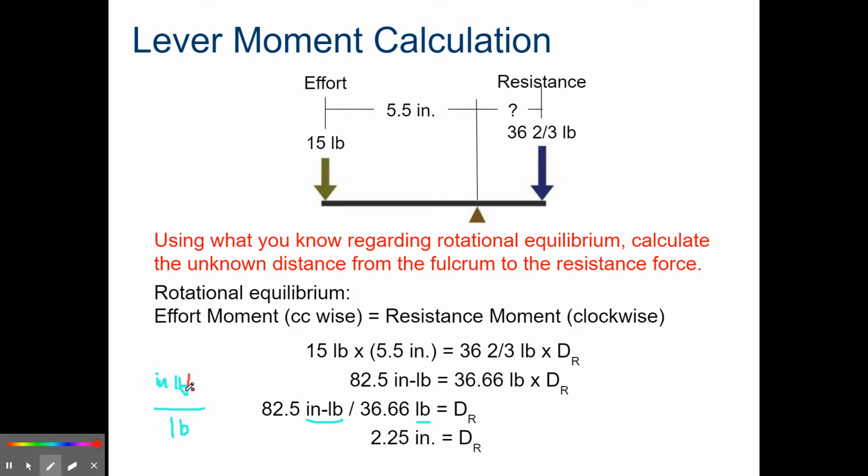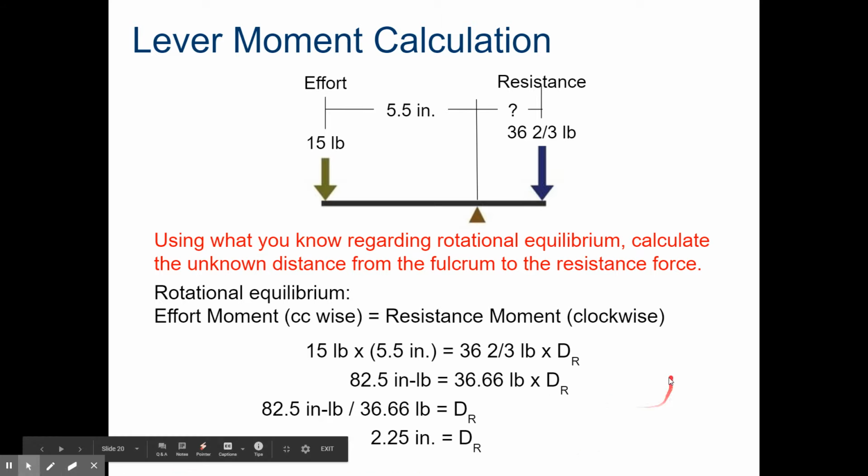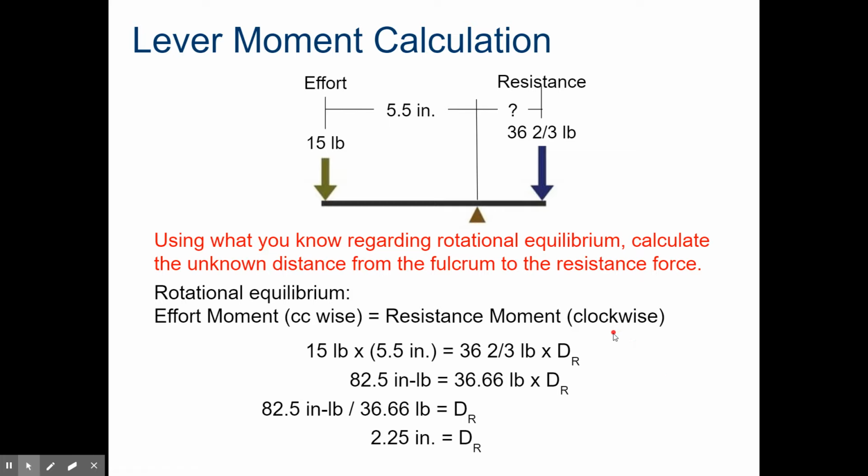Your pounds cancel out, leaving you with inches. And that's why our answer is in inches. Notice as we went through this, we included our inches in every step of the calculation. Make sure you include your units in every step of the calculation.